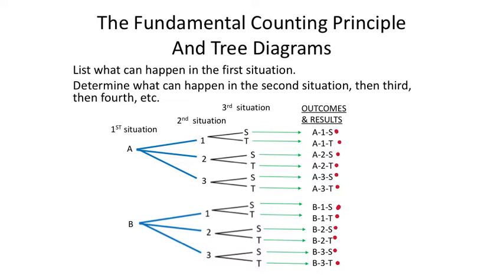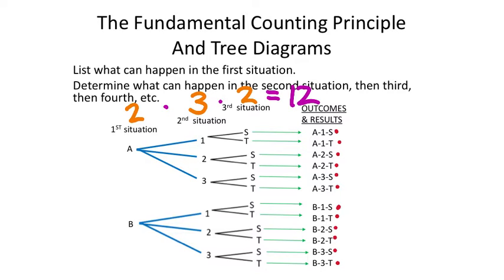If we use the fundamental counting principle, which is what I would encourage you to do, the first situation had 2 possible outcomes. The second situation had 3 possible outcomes. And then the third situation had 2 possible outcomes. You could have just multiplied these together and gotten 12 possible outcomes.